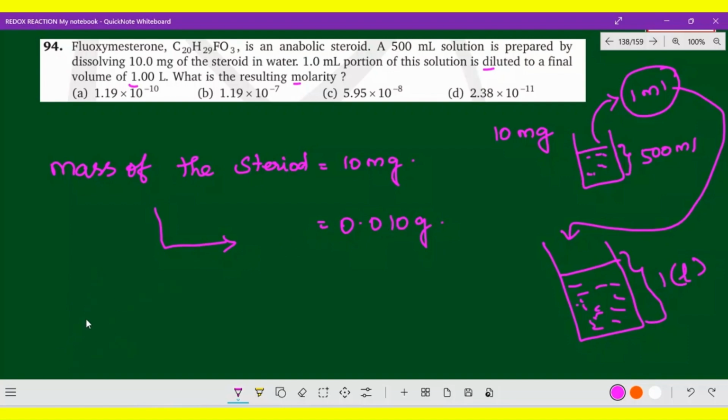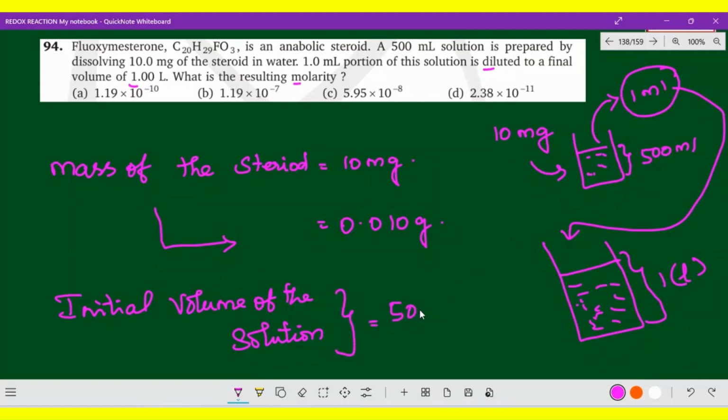Now the initial volume of the solution. We added 10 milligram and made it up, so the initial volume is 500 ml.